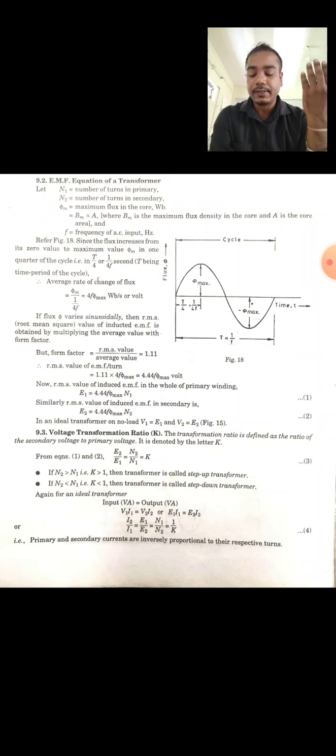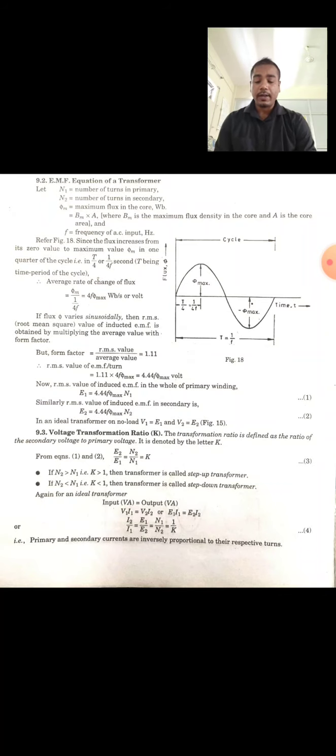If N2 is greater than N1, that means K is greater than 1, then the transformer is called a step up transformer. And if N2 is less than N1, that means K is less than 1, then the transformer is called a step down transformer.